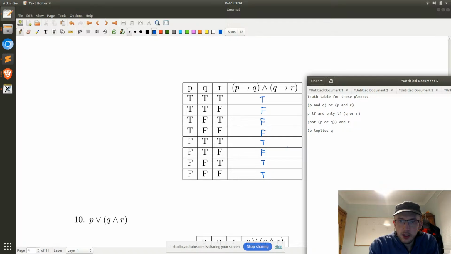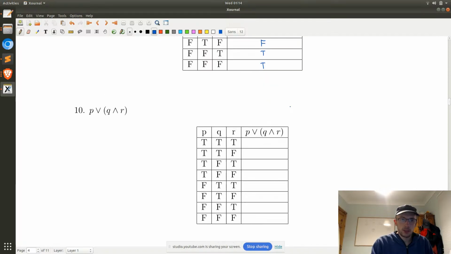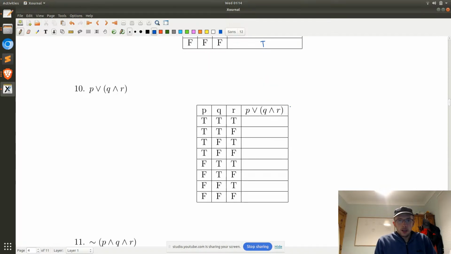P implies Q and Q implies R. Okay. P or open brackets Q and R. Okay.